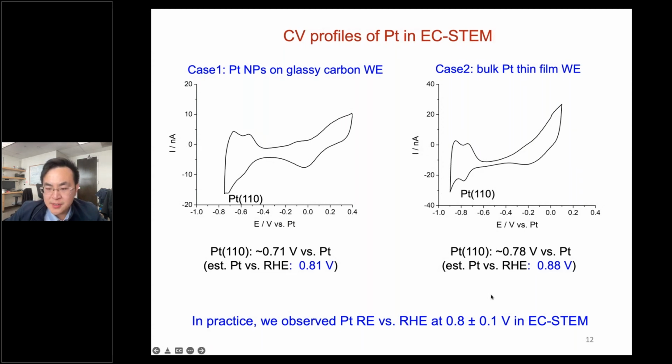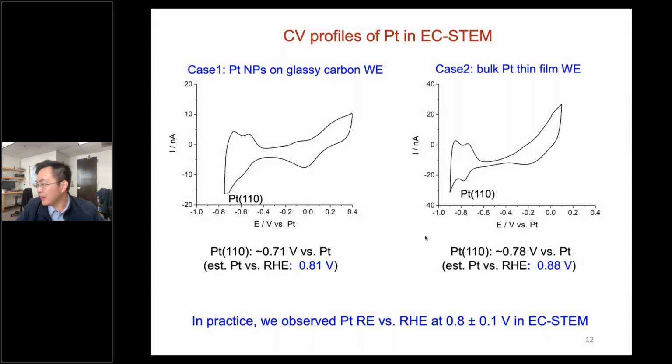On the right side, we see a conversion of 0.9 volt. So in practice, after screening many examples, we conclude that the potential conversion is 0.8 volt with an error bar as big as 0.1 volt. This is, I think, the first important message to the audience.